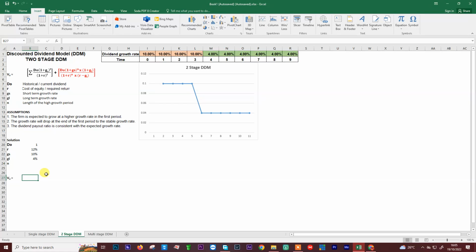So it is just going to be given as, we can put plus D naught times, open the brackets, 1 plus GS. Who is our GS?